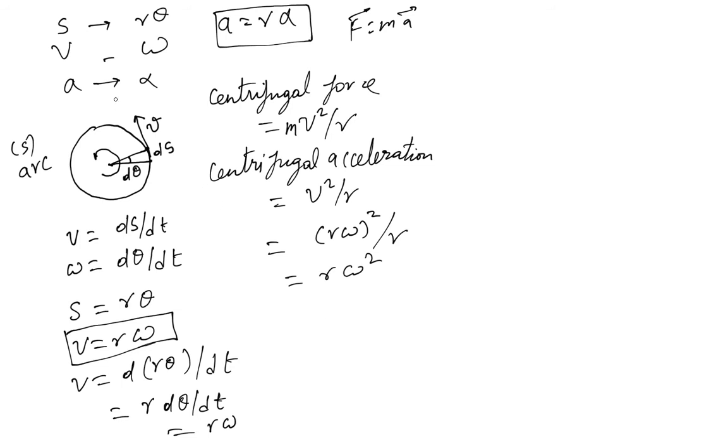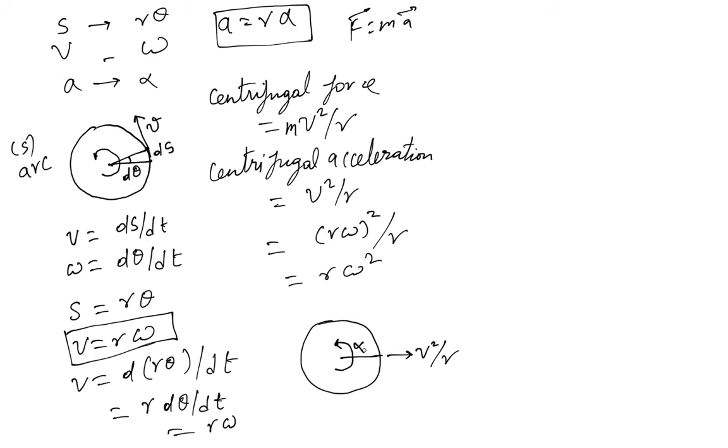If this object, which is rotating here, now we know it has a centrifugal acceleration of v square over r, but let's say on top of centrifugal acceleration, at a certain time it has an angular acceleration also.